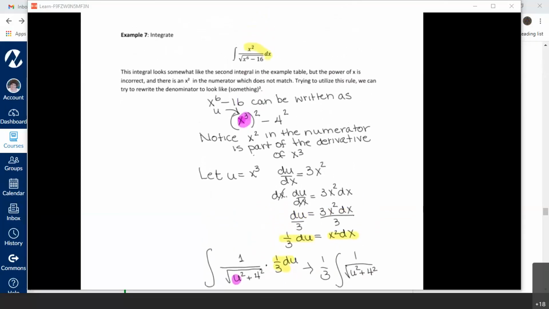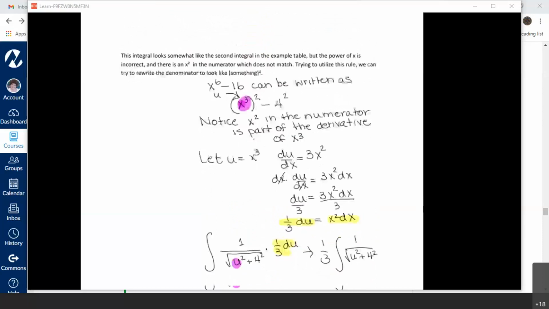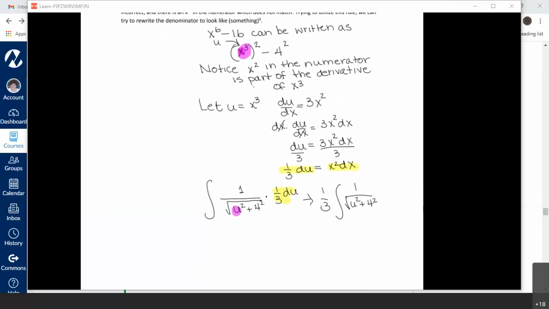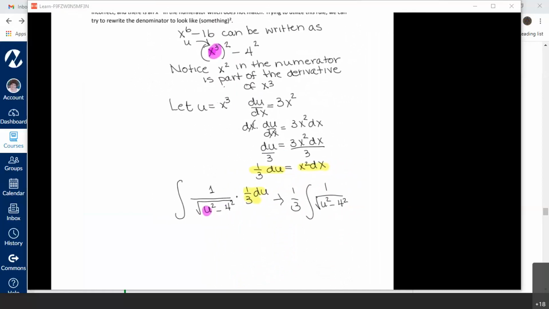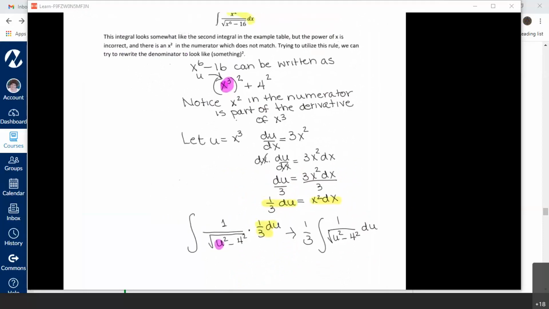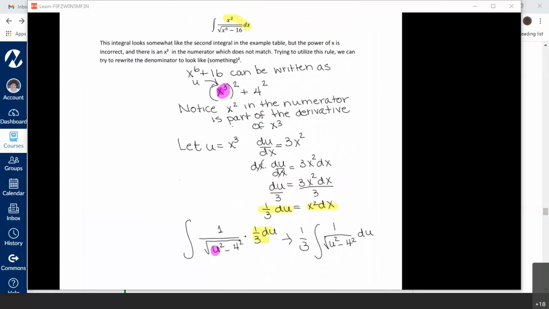This is a plus, minus rather, I'm sorry. Again, there should be a plus, not a minus. That's where I'm getting confused.